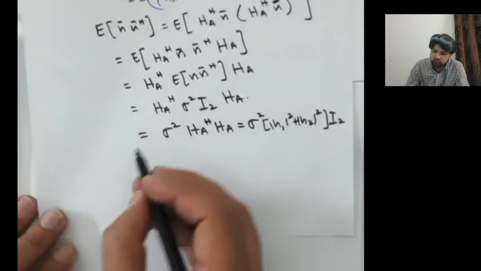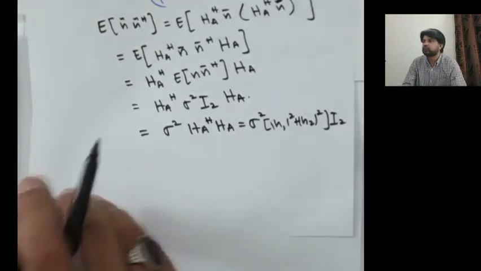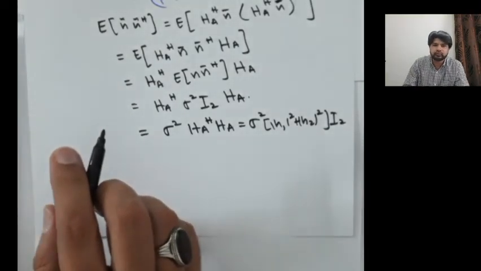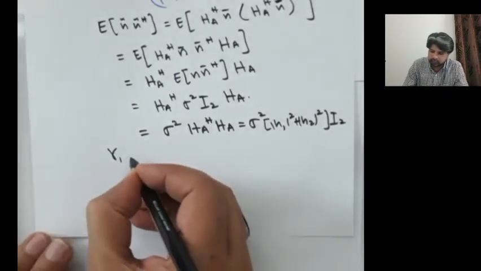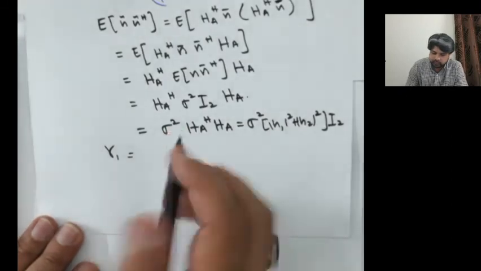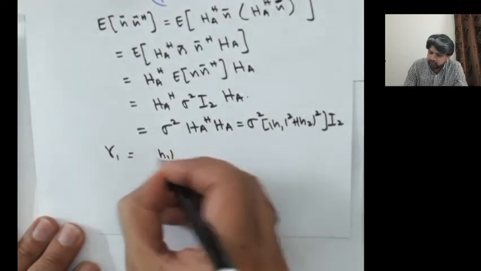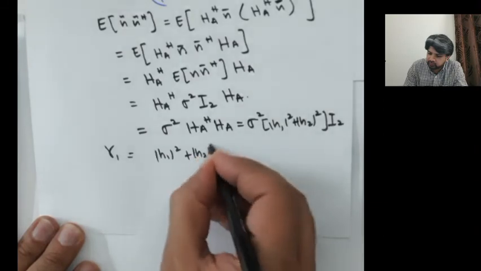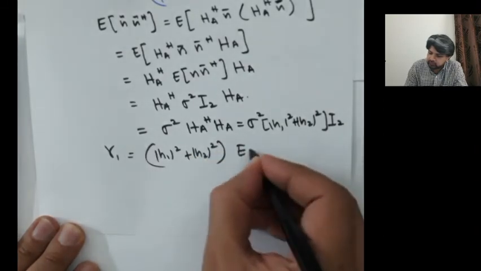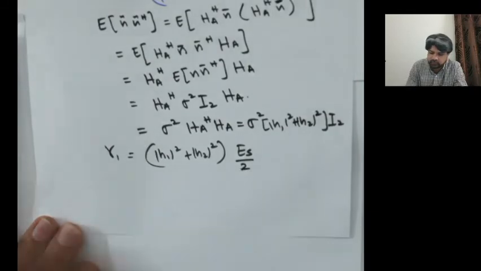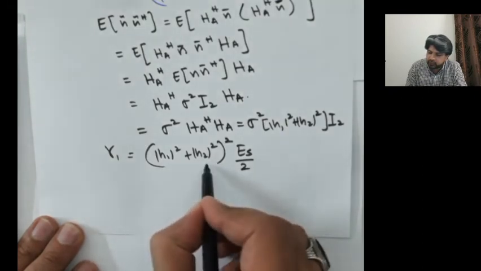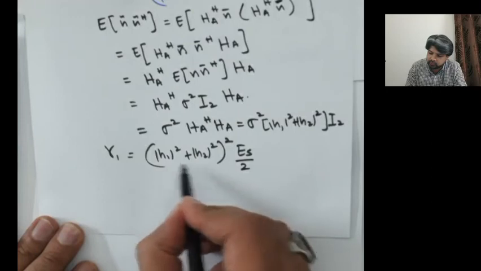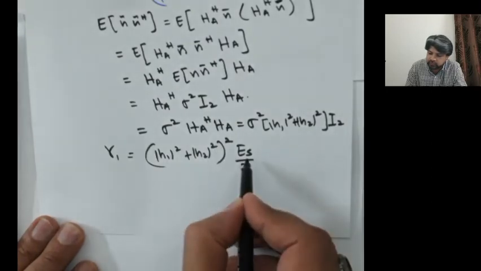So if you want to compute the signal to noise ratio, gamma 1 for the first branch, that would be equal to H1 mod squared plus H2 mod squared, the eventual gain that you get after the processing, squared, times the symbol energy.